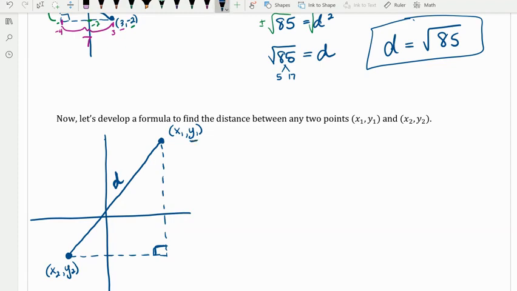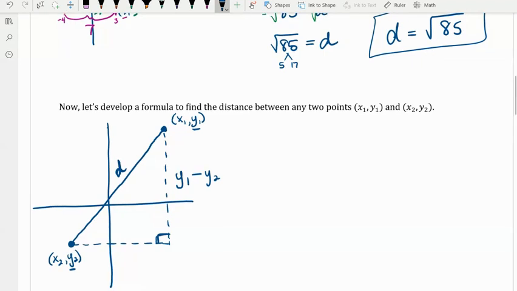So I'm going to take this first y value, y1, and subtract my other y value, y2, and that would give me the distance between those 2 y values, right? Same thing for my x's. Down here on the horizontal, I can take my x1 and subtract my x2 to get that difference in those x values to find the length of that segment.